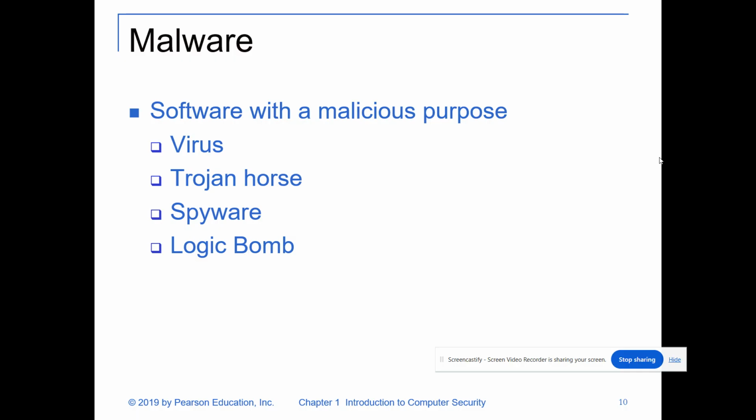Most likely and usually without our knowledge. There are those Trojan horses, or a malicious program disguised as something desirable or harmless. And the all too familiar spyware, which is the fastest growing category of malware.